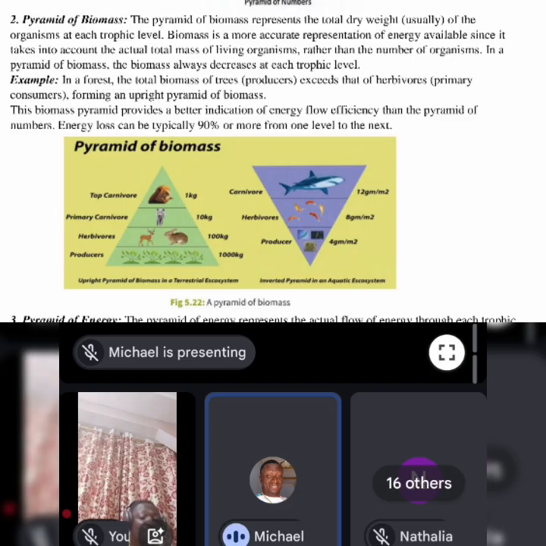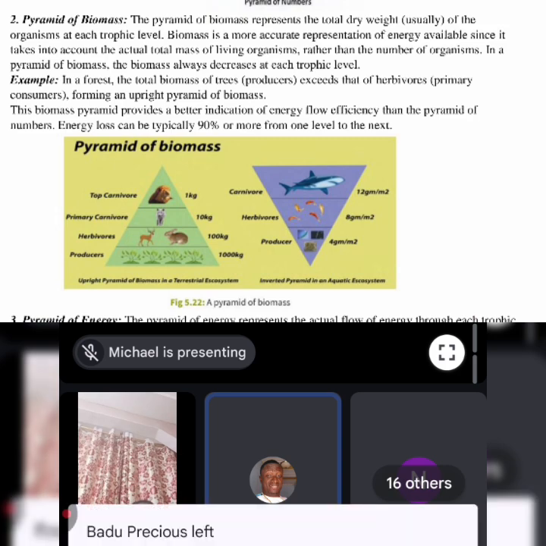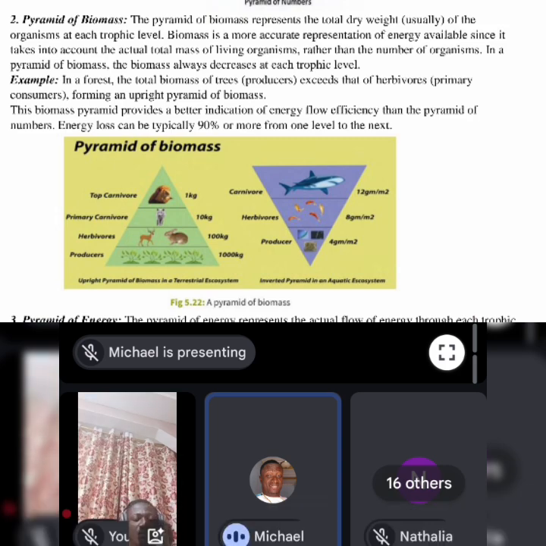Fibers are not digested, depending on the type of fiber. If it's insoluble fiber, it will just leave the bowel very easily, so it doesn't have a higher caloric content. But if someone ate Tom Brown, maize, carbohydrates, with a higher caloric content, that means the person will feel satisfied.